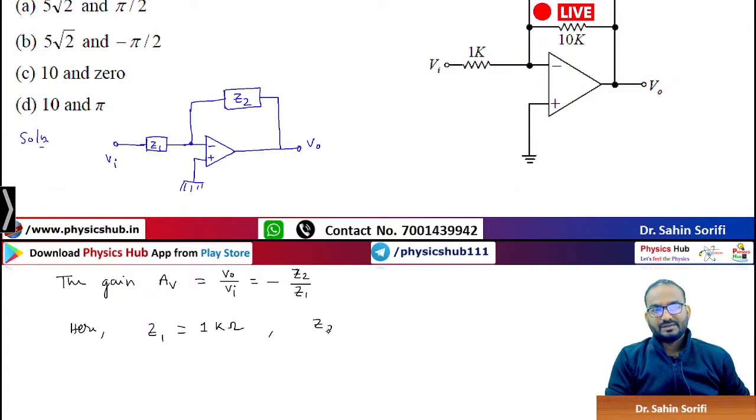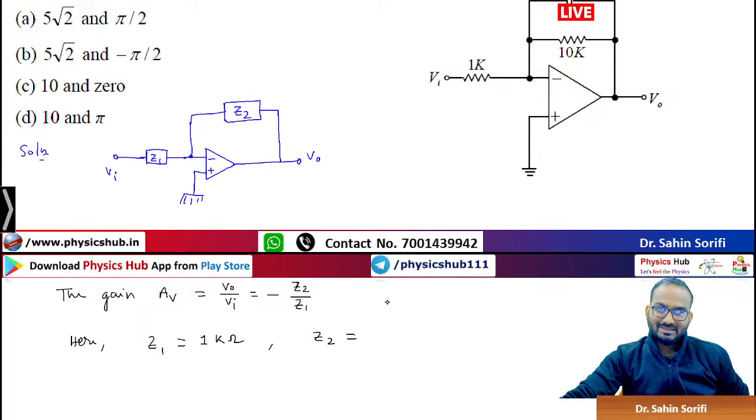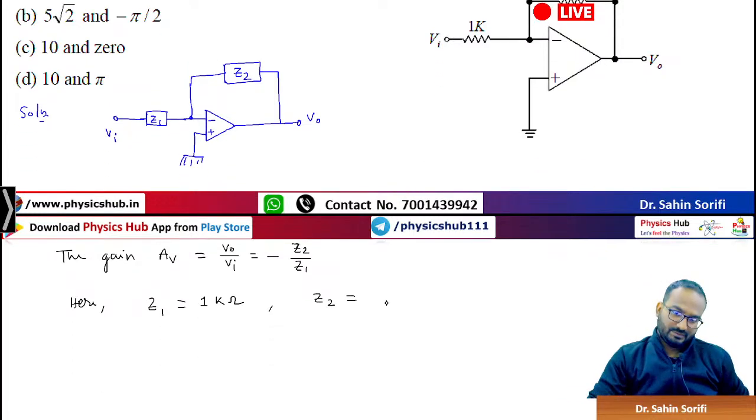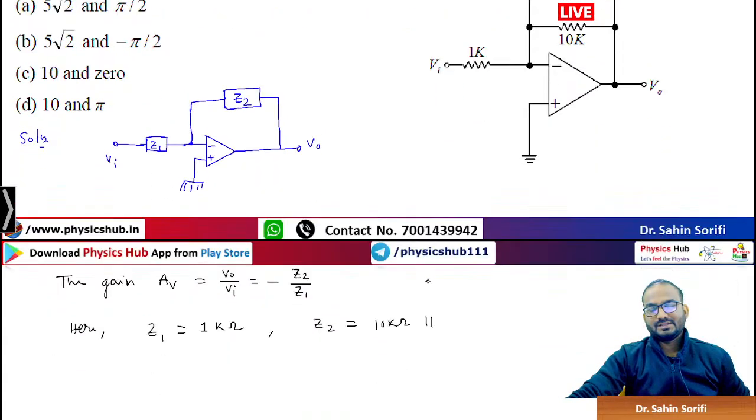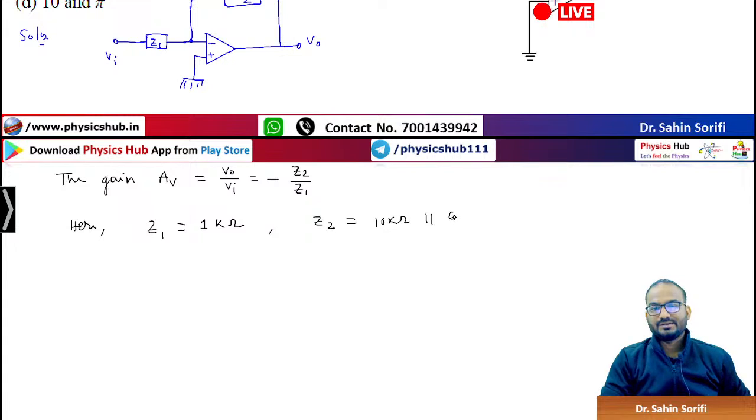What is Z2 here? Z2 is the equivalent of the 10 kilo ohm resistance and that capacitance of 0.01 microfarad. Okay.